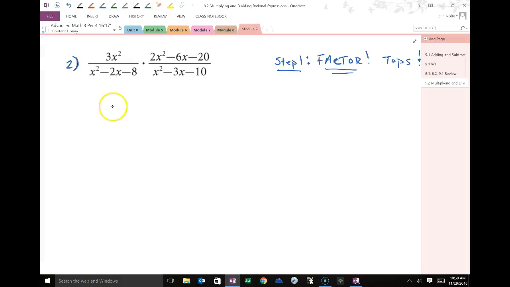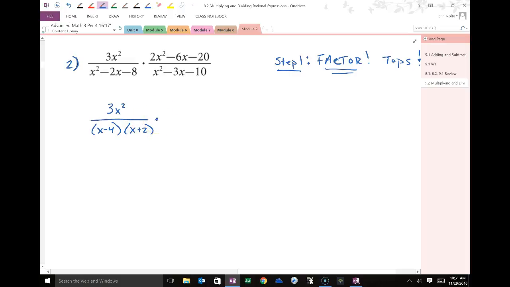No, that's a monomial. Can't factor one term. Okay, what about the bottom of the left one? What two numbers multiply to -8 and add to -2? -4, +2, so x minus 4 and x plus 2.